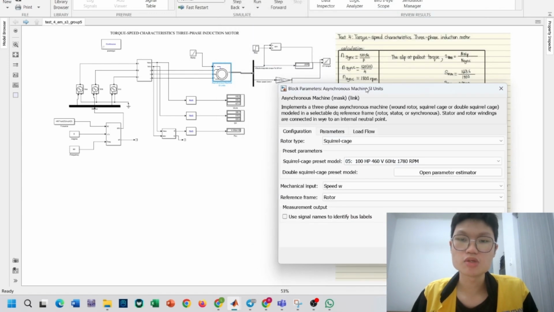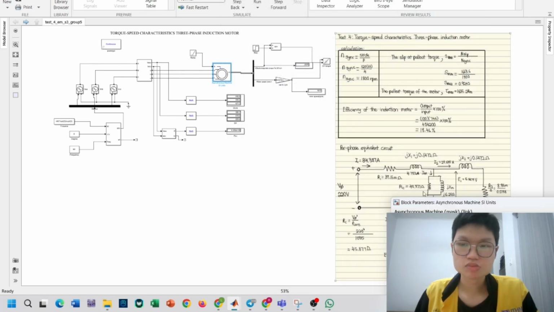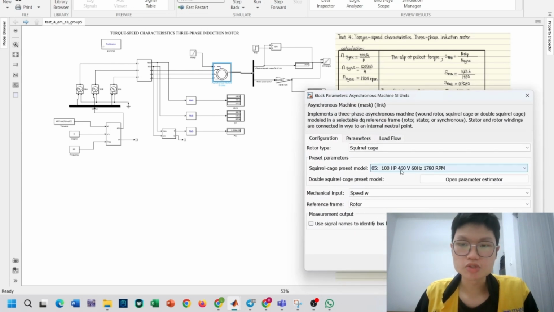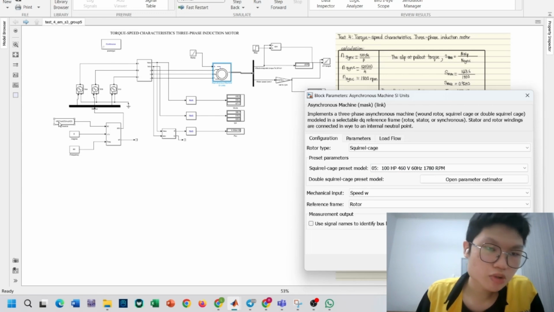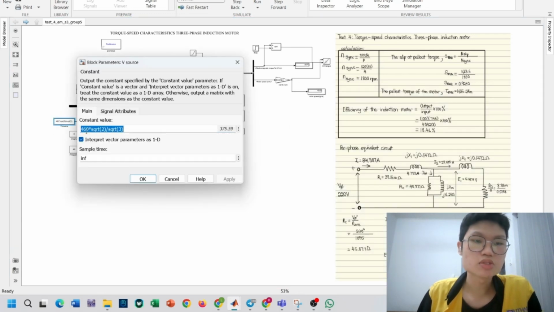Then based on the type we use, the voltage we have to key in is 460. Since we use type 5, it gives us our nominal voltage value, and we have to find the V line, so we have to multiply by square root 2 over square root 3 to find the V line.